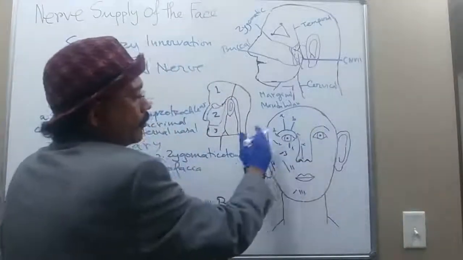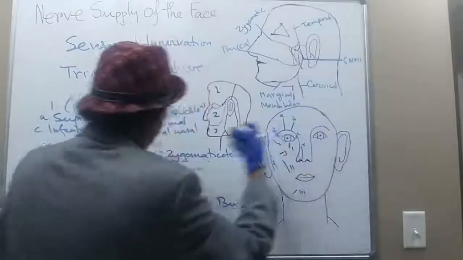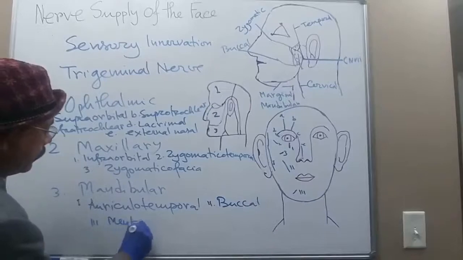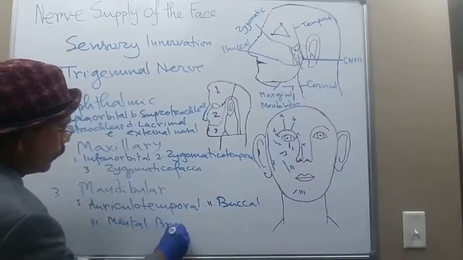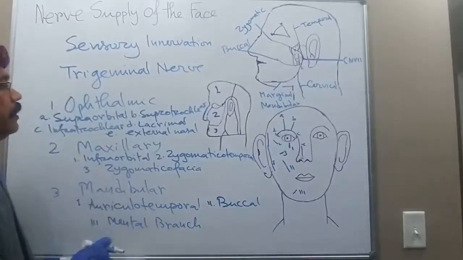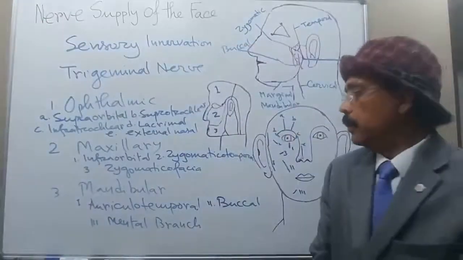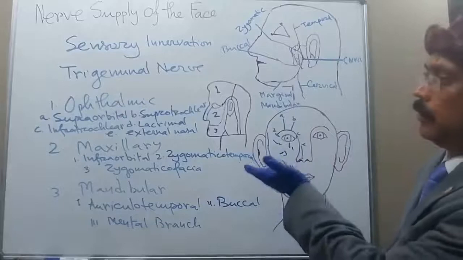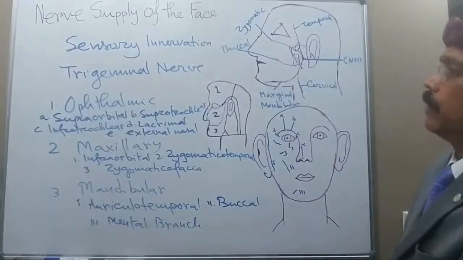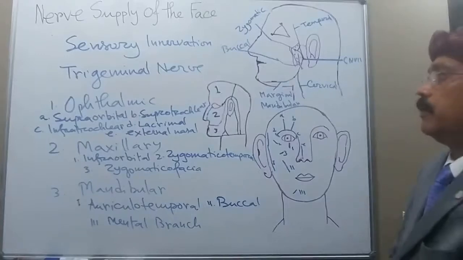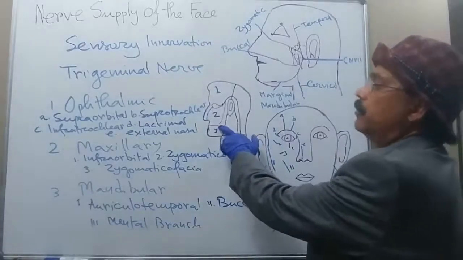I have shown one side, same thing on the other side. Okay, then the mental branch. Okay, we got that. So we got the branches by the trigeminal nerve that innervates the face. This part, mandibular division, trigeminal nerve.